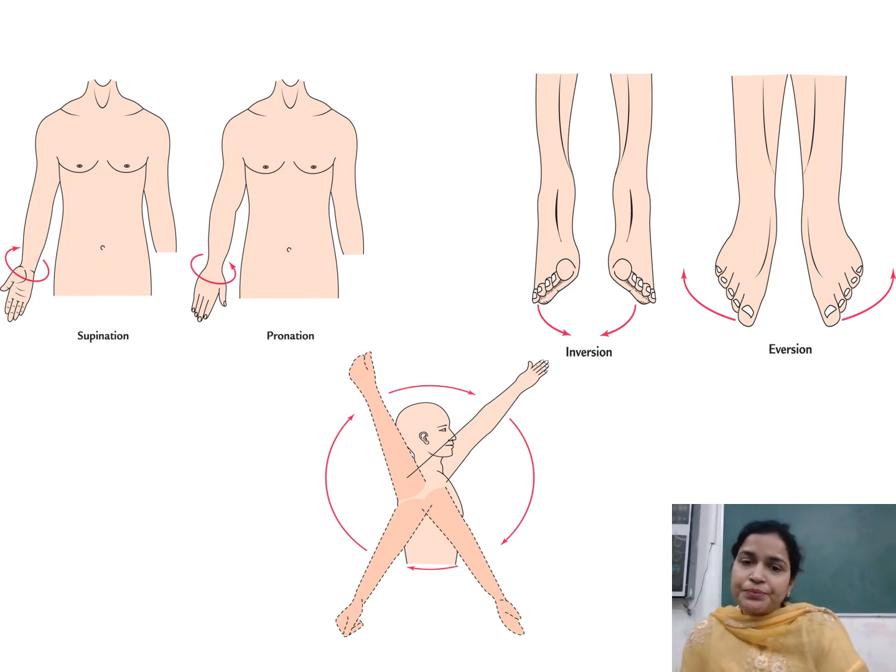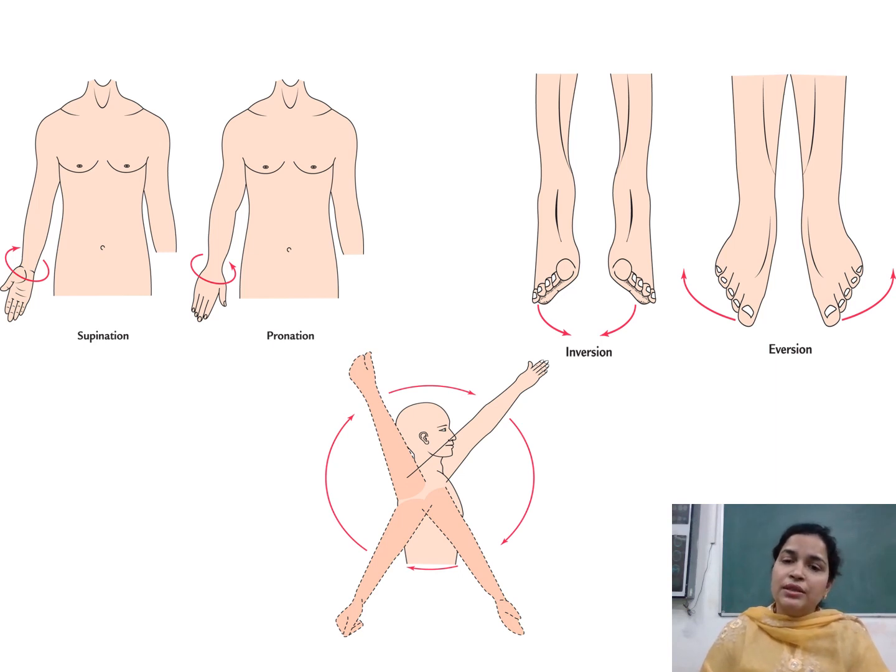That is the inversion movement. Then eversion is opposite to that: the lateral border of the foot is raised above the ground level, so that the sole or plantar surface is facing laterally.